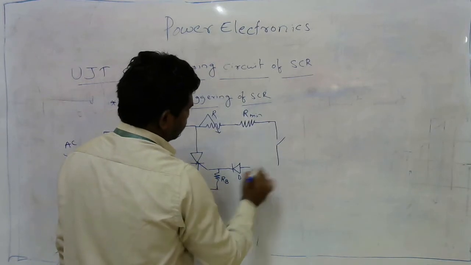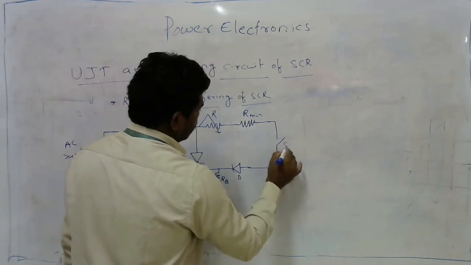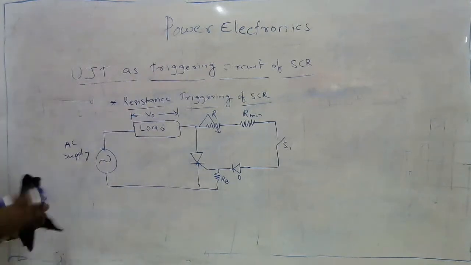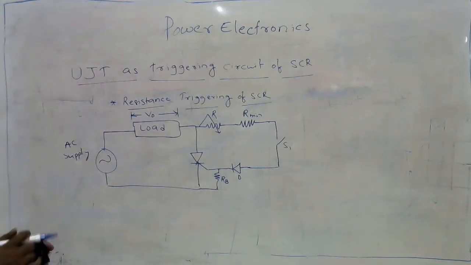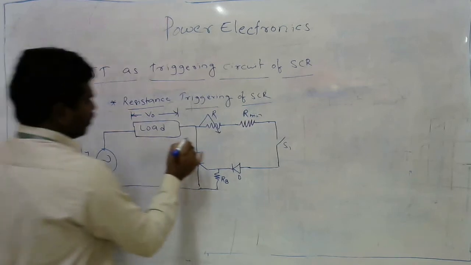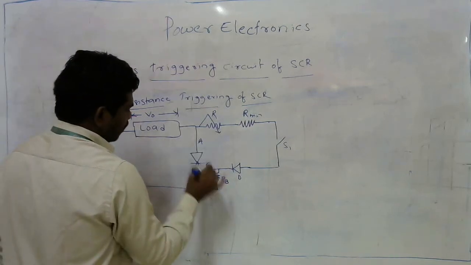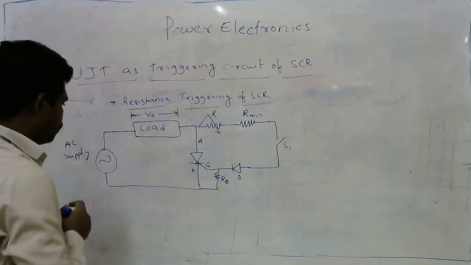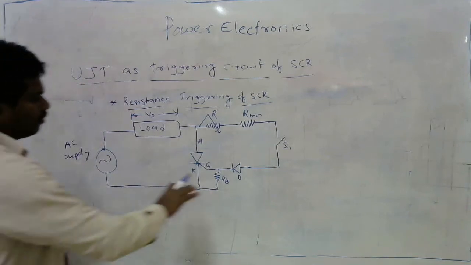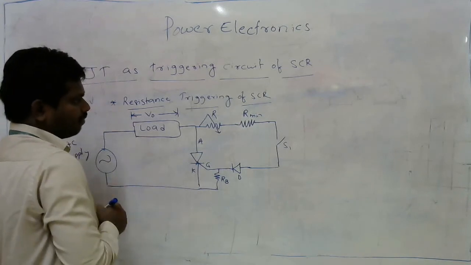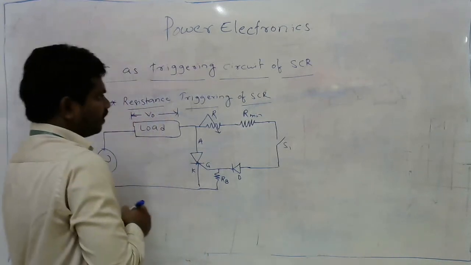Then after that there is one switch. This way the resistance triggering of SCR will be there. Look at this: this is the anode terminal, cathode terminal, gate terminal. As I said, there are three resistances in the circuit, each having its own functioning.